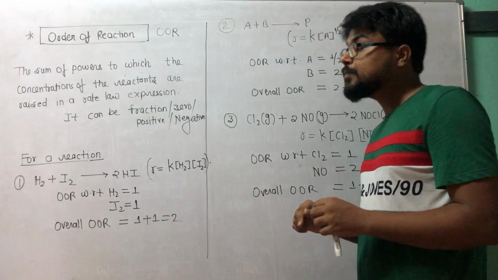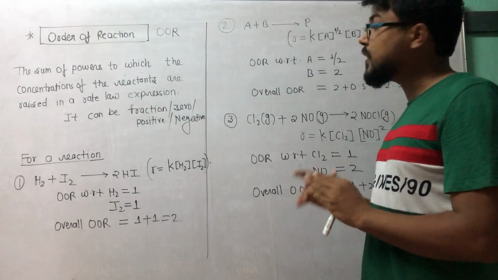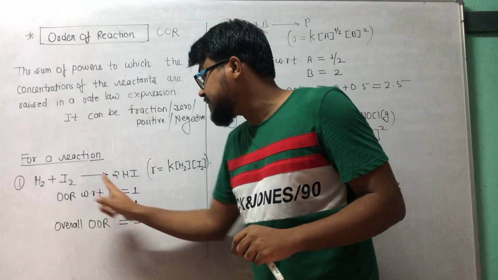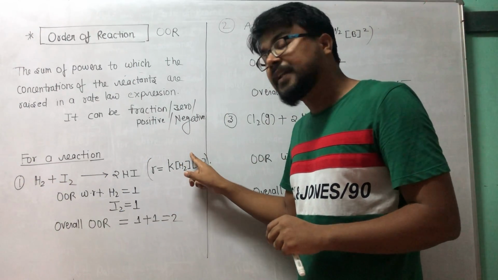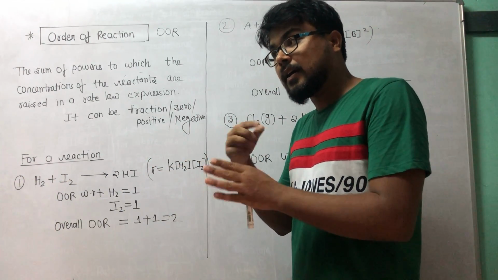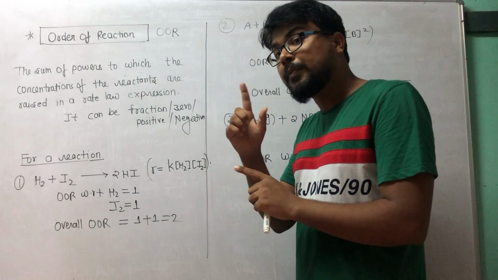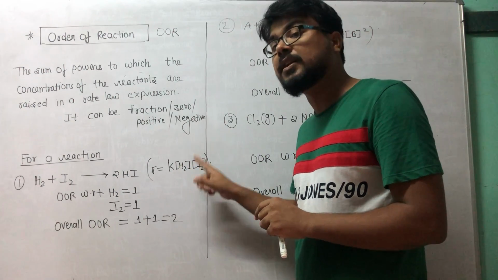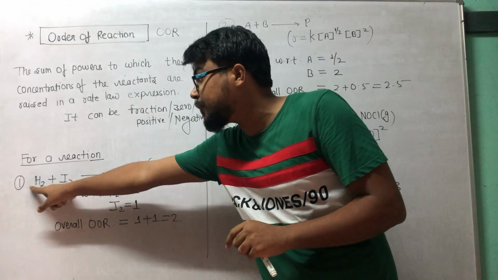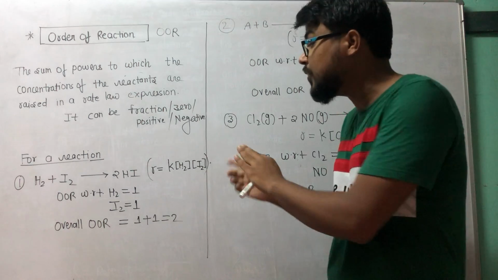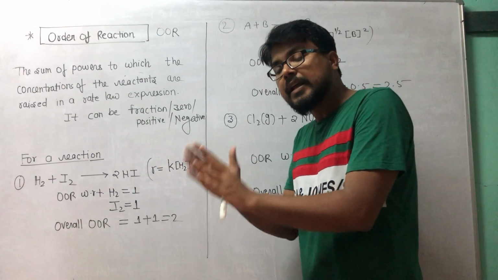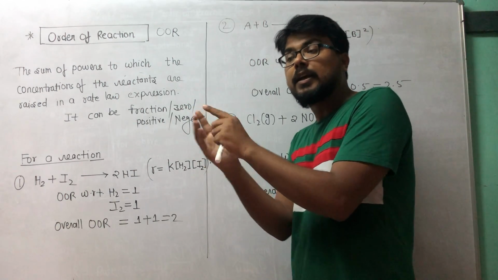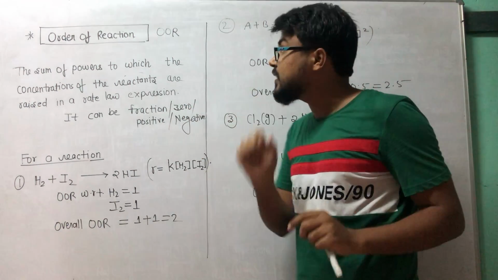See example number 2. Here A plus B gives product, and the rate law is different. As I already told you in the concept of rate law, the power raised to the concentration term can be equal to the stoichiometric coefficient or it can be different. It depends on the particular reaction, and it is determined experimentally.